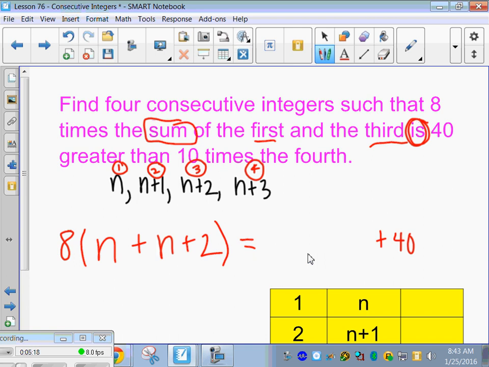So 40 greater than is plus 40. And then I have 10 times the fourth. Ben, how do you think I should write 10 times the fourth? Very good. You have to have parentheses because I'm multiplying it by a sum. So we're going to use parentheses.